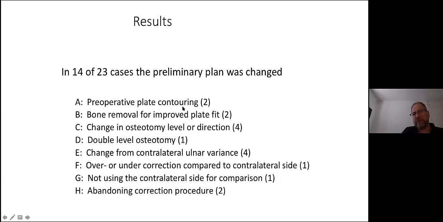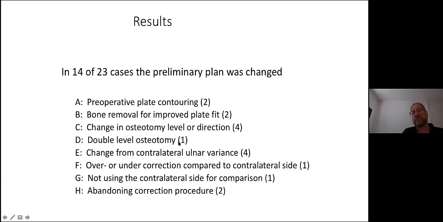For 2 of the patients, I pre-bent the plate because we didn't get it to fit really well to the bone, so I had to bend it. And that I hadn't done before I started to work with the 3D planning. For 2 plates, we had to remove some bone to get the plate to fit, and we changed the osteotomy level or direction in 4 cases.